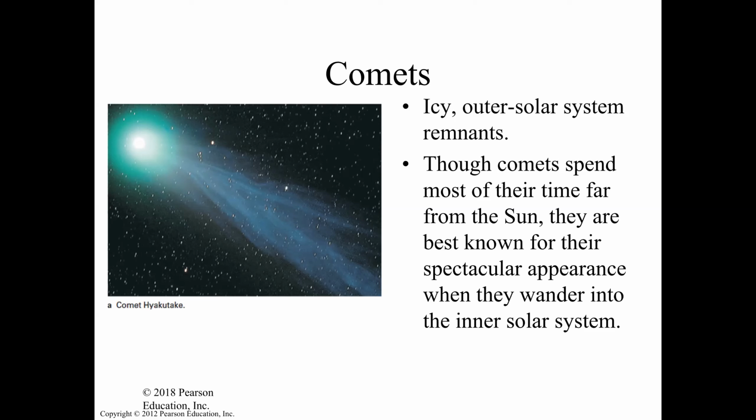Their ice begins to sublime, so it will leave a formation of an expanding atmosphere, which we call coma. Originally they are in a deep freeze in the outer solar system. Once they come into the inner part of solar system, because of the solar radiation, they leave a tail and an atmosphere. But we'll get to that later on as well.